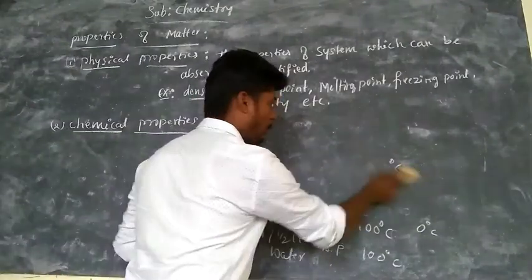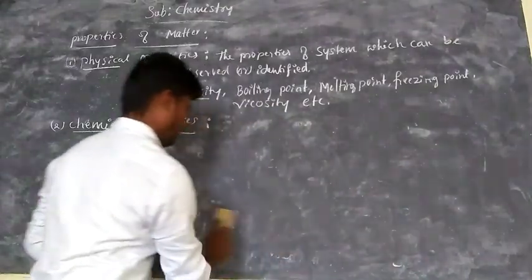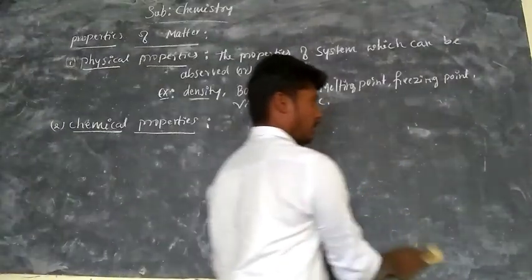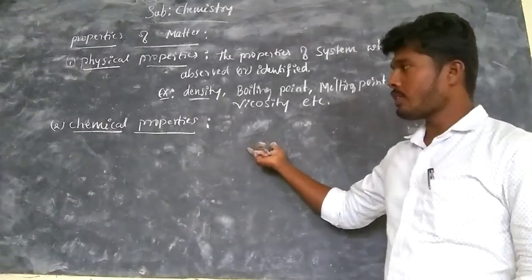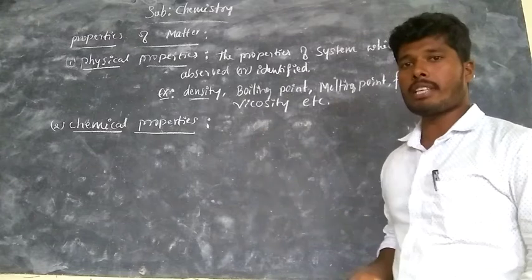Then write chemical properties. Chemical properties are the properties of substance, or of a system, which require a chemical change.